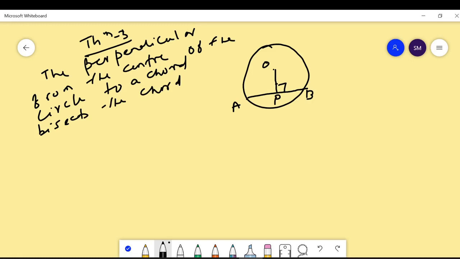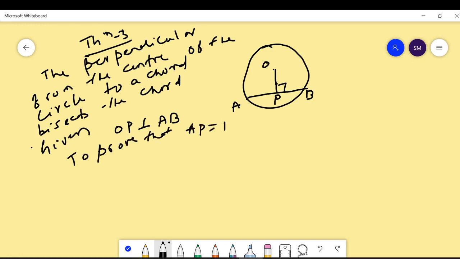Okay. Then given the perpendicular from the center, meaning OP is perpendicular to AB, we have to prove that this bisects this. To prove that AP is equal to BP, meaning it bisects the chord, we have to prove that AP is equal to BP in length.